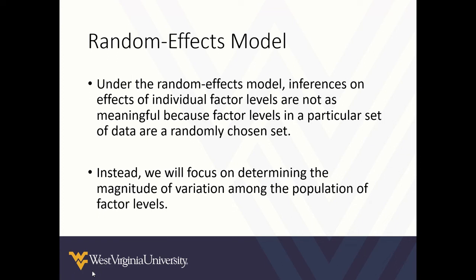Under the random effects model, inferences on effects of individual factor levels aren't as meaningful because the factor levels in a particular set of data are a randomly chosen set. So instead, we focus on determining the magnitude of variation among the population of factor levels.